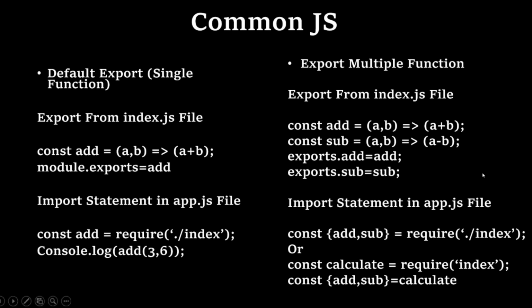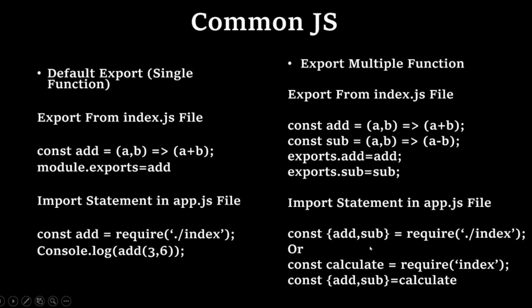If we have multiple functions, in this CommonJS syntax, for exporting we need to write exports.add equal to add, and exports.sub equal to sub.